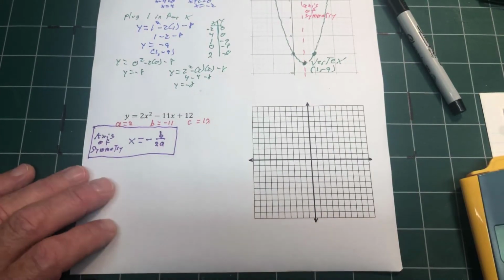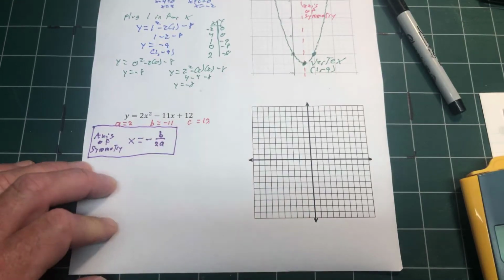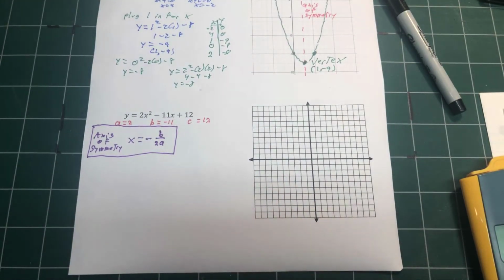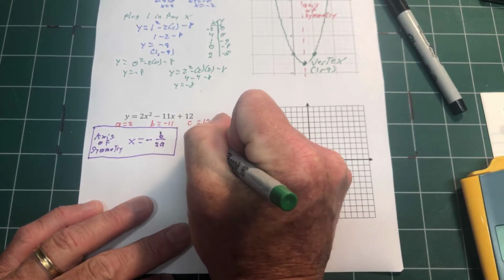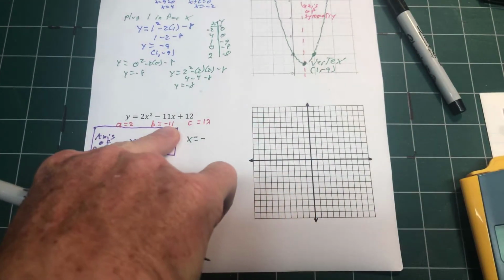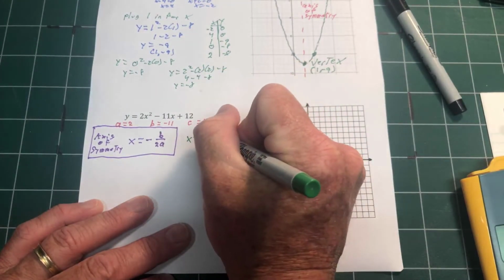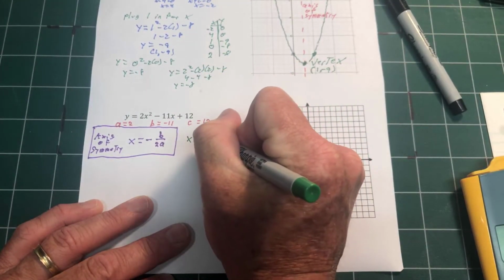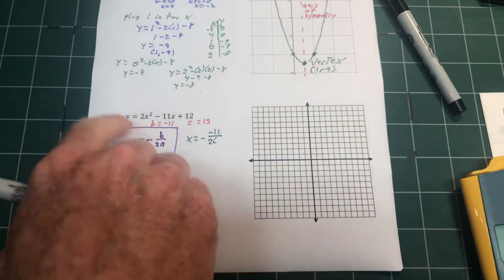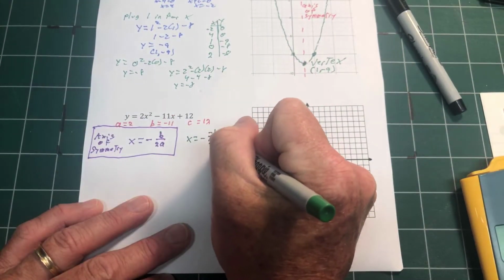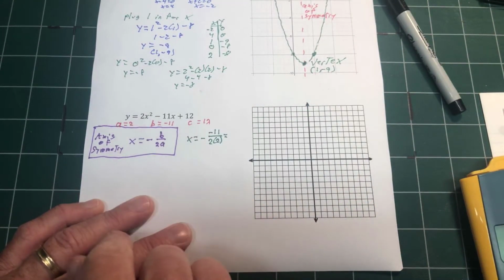Let's find it. x equals negative, what's b? b is negative 11. So negative 11 divided by 2 times a. And what's a? a is 2. So the axis of symmetry for this one is negative, and a negative makes it positive, 11 over 4.